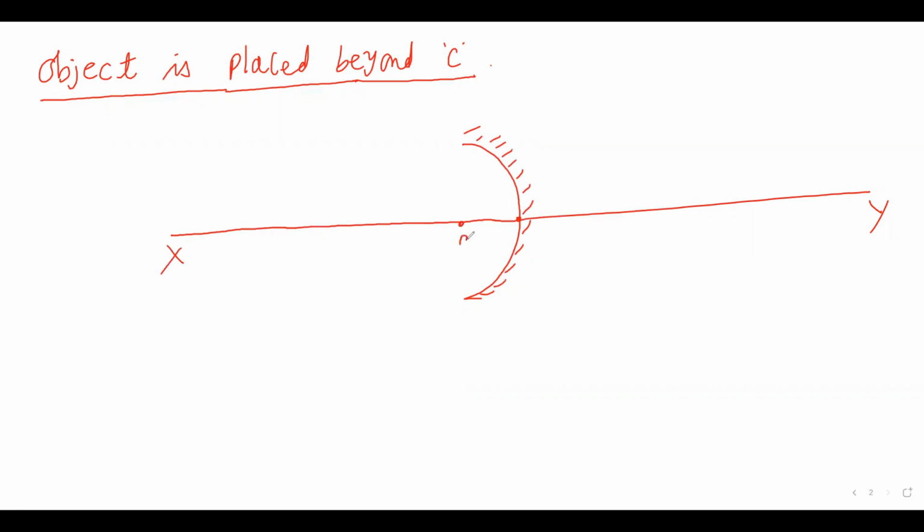Let's mark pole and center of curvature. Object is placed beyond C. So you can keep the object anywhere beyond C. I'm keeping the object over here. AB is the object.